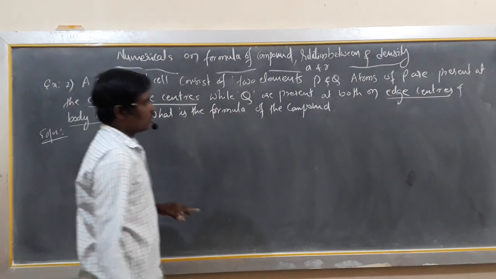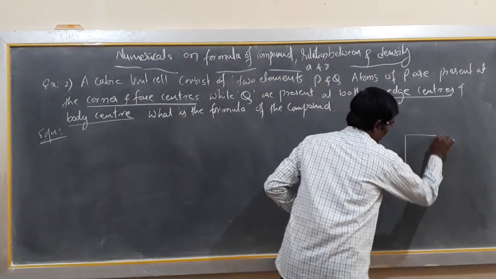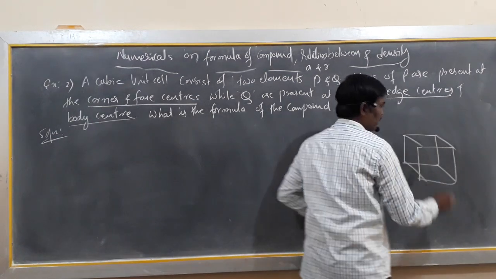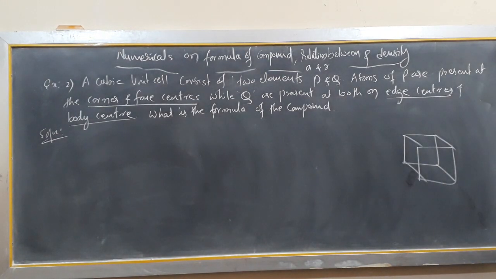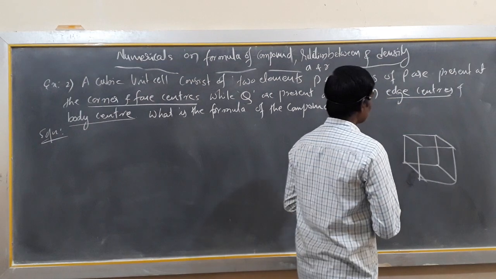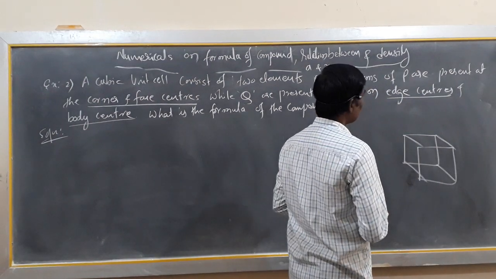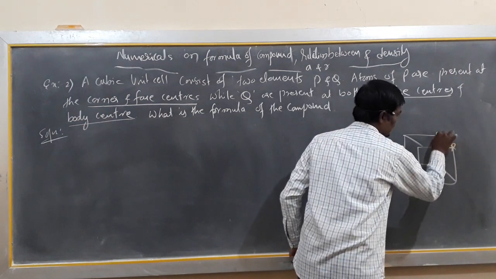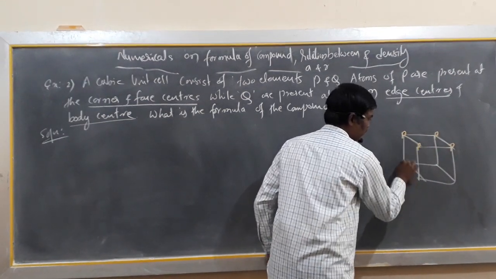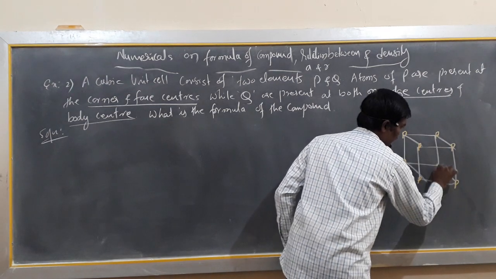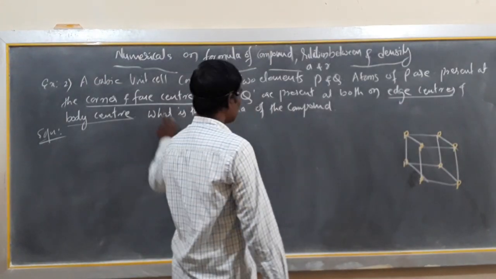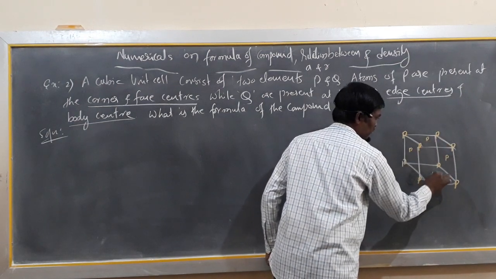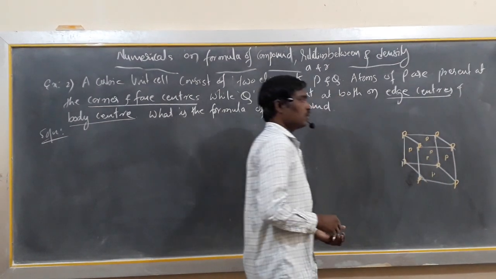Right? So here there are 2 elements, P and Q. P is present at the corners as well as the face centers. So the corner particles are P, and also the face center particles are P. There are 6 face center particles.